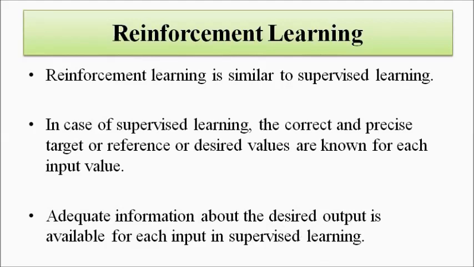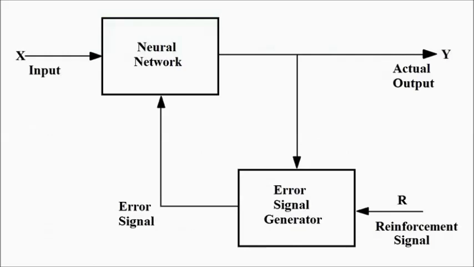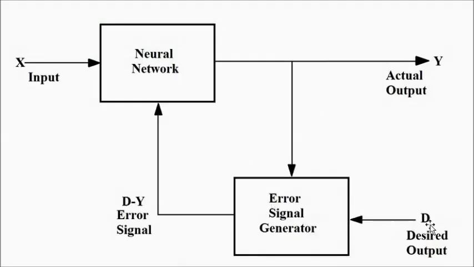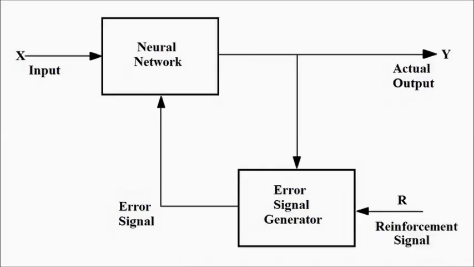So the difference is that in supervised learning, the desired output signal is in absolute terms, while in reinforcement learning, the reinforcement signal is in relative terms. This is the only difference. Otherwise, the principle is the same.